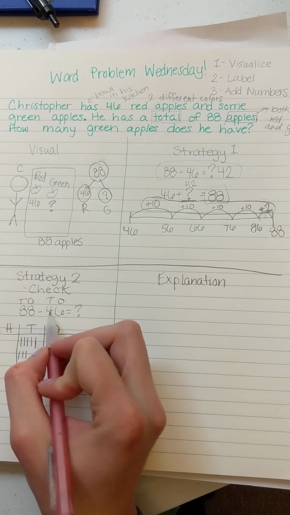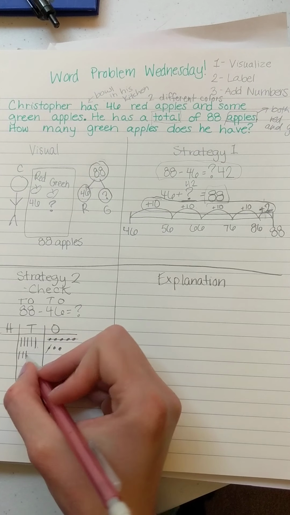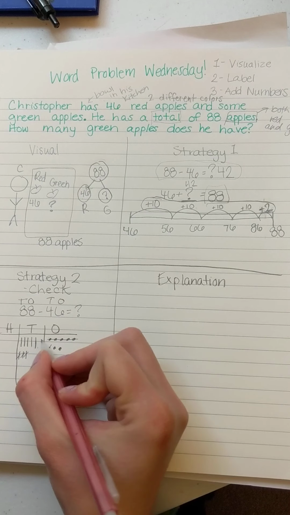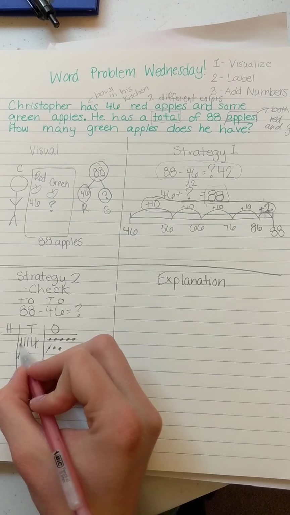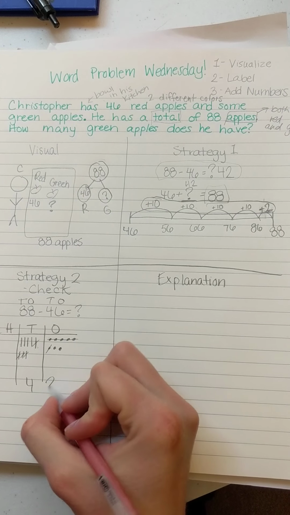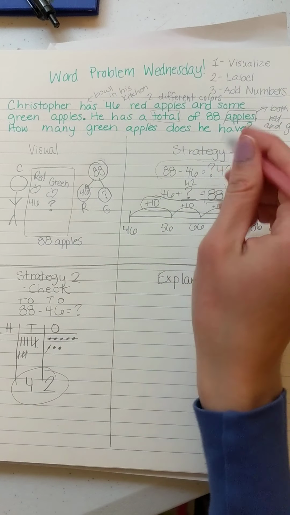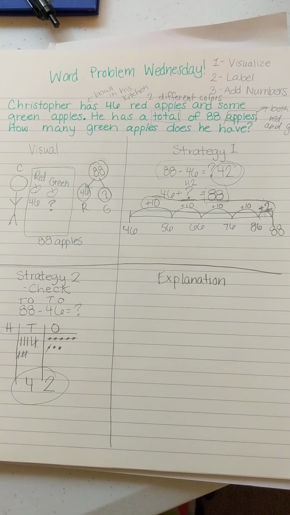Now I'm going to also cross out 4 tens because that's what I'm taking away. 1, 2, 3, 4. Okay, I'm left with 4 tens and 2 ones. So now that answer matches this answer up here.